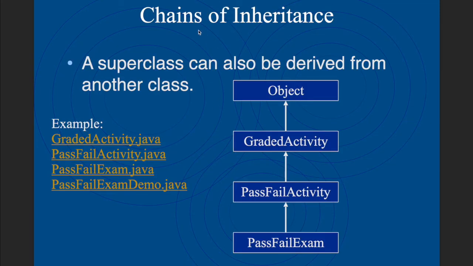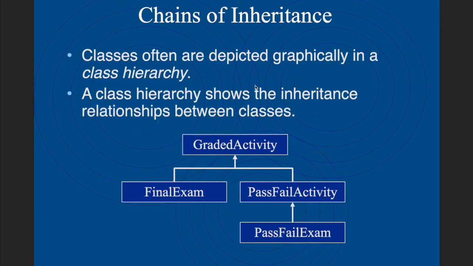And let's take a look at chain of inheritance. A superclass can also be derived from another class. And in this case, it's the Object class. You remember, everything is derived from the Object class. On this slide, you can see a graphical representation of inheritance, and that's how we draw it in Java.